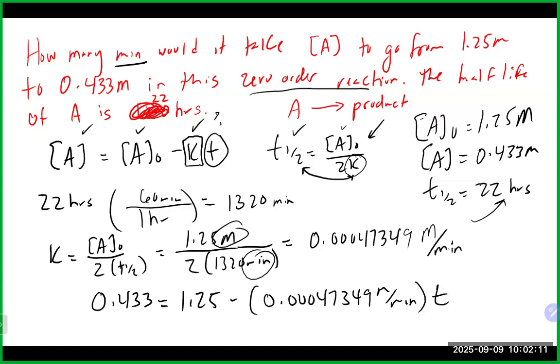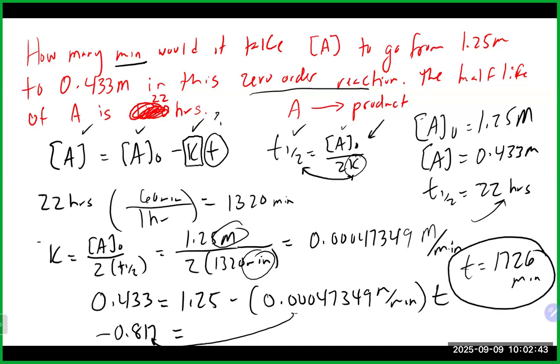If we do all that, I'm going to take 0.433 minus 1.25, and then divide by the rate constant to move it to the other side. Looks like I will end up with around 1726 minutes in this case.